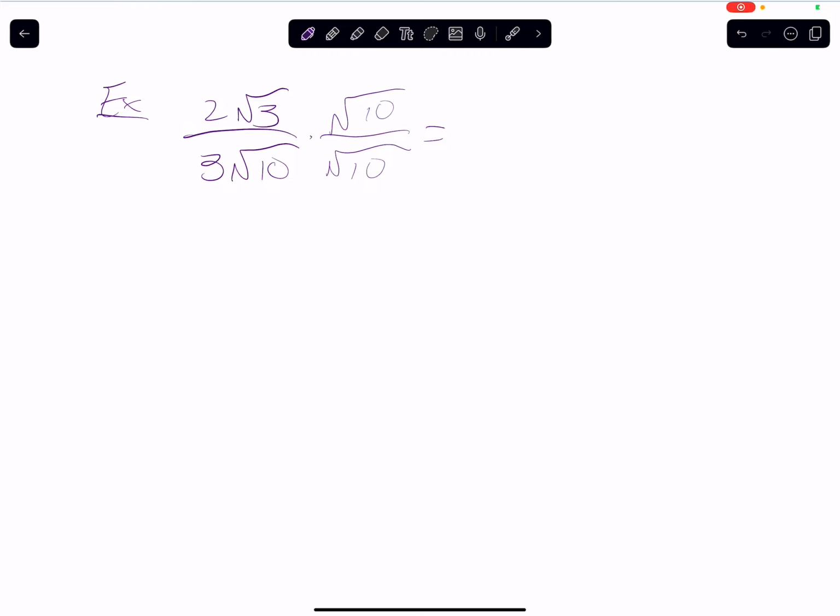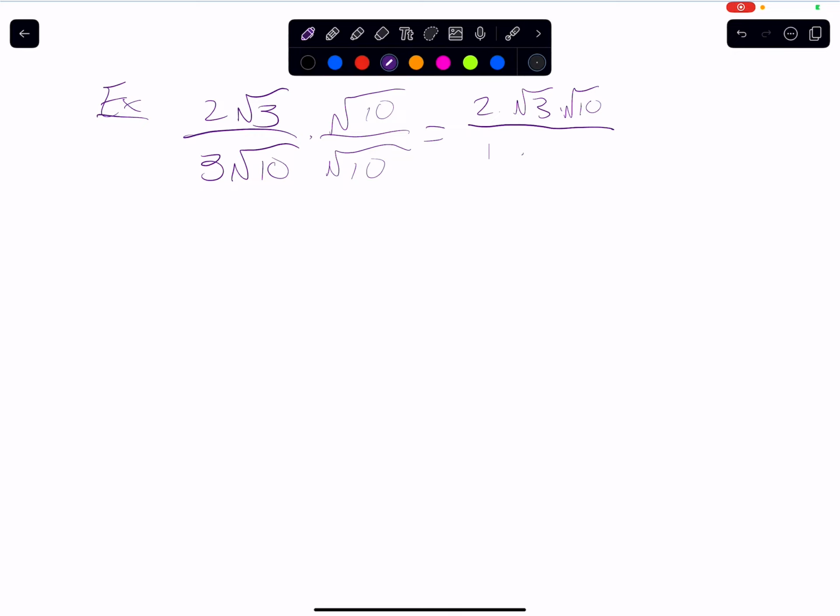That gives us 2 times the square root of 3 times the square root of 10 divided by 3 times the square root of 10 times the square root of 10. We're multiplying 2 square roots together that are the same thing. That gives us just 10, or 3 times 10, which is 30.